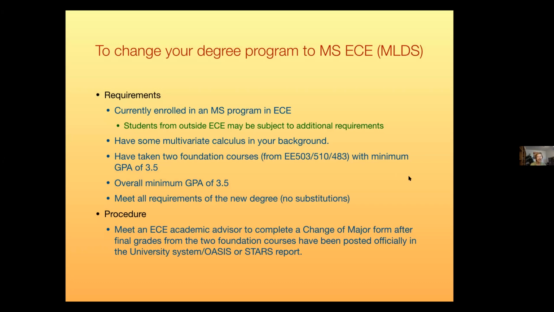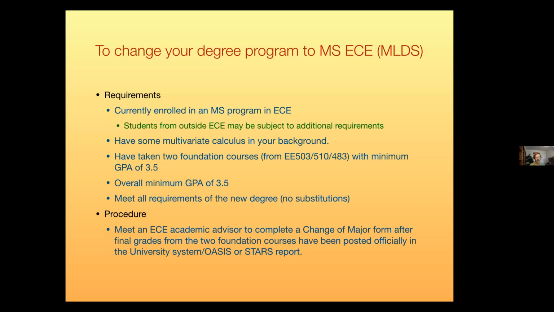Okay, so the next issue is if you're currently in a different master's program in EE or ECE, and you want to change to this machine learning and data science master's degree, you can. This is what's required and how you can do it. First, you need to currently be enrolled in some MS program in the ECE department.